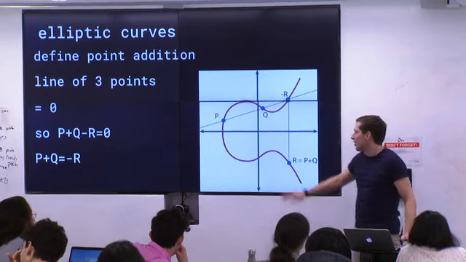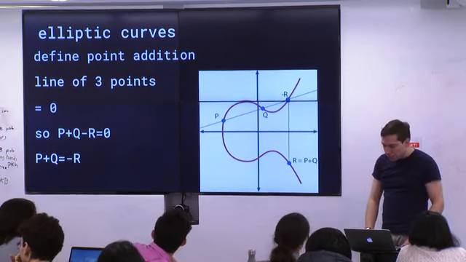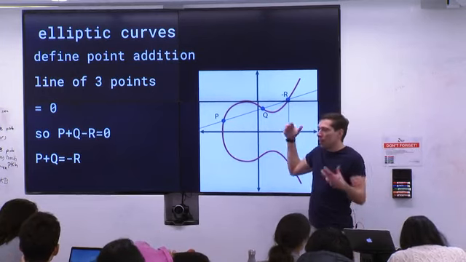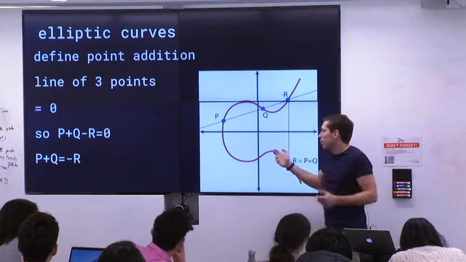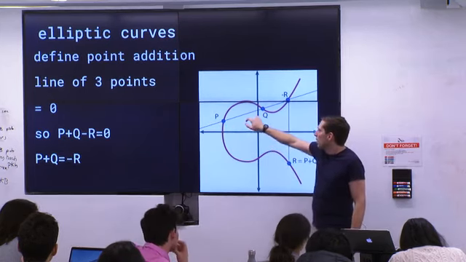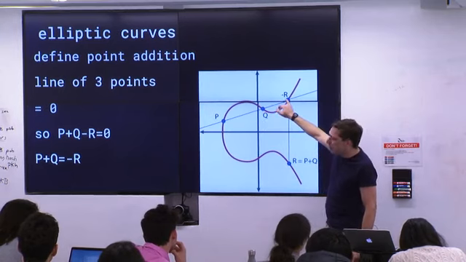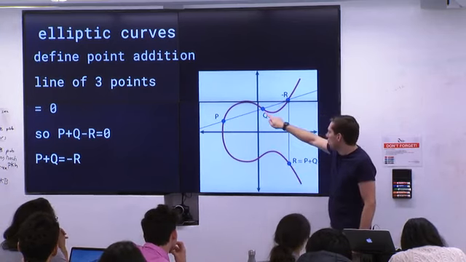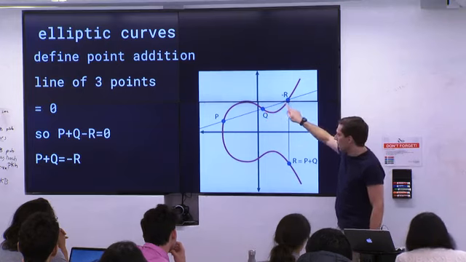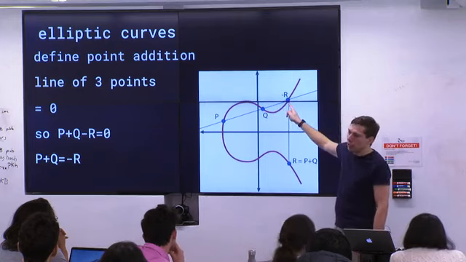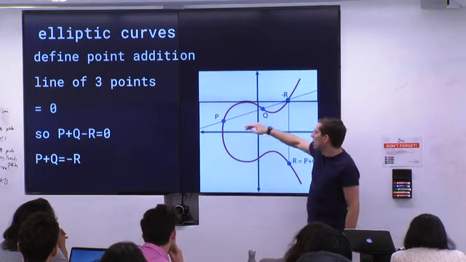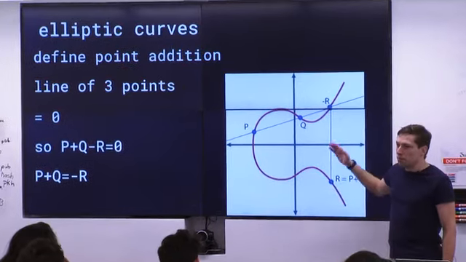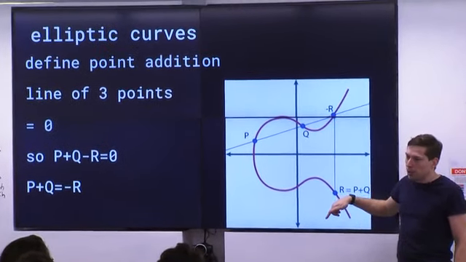So what we do is we say, okay, 3 points in a line equals 0. If we take this point plus this point plus this point, that's 0. Another way to say that is P plus Q minus R equals 0, or P plus Q equals negative R. Another property is that the negation of a point is just that same point with the y coordinate flipped.